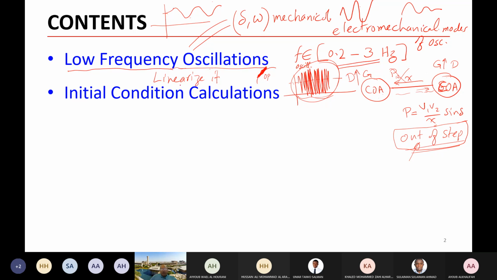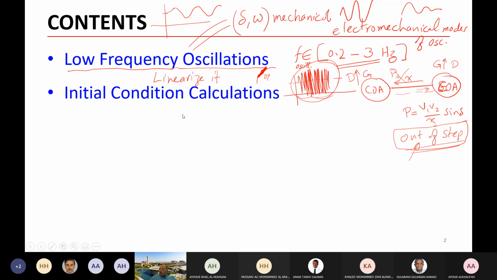We will see how to calculate the initial conditions. When I say voltage, I mean the two components, direct axis and quadrature axis, VD and VQ, ID and IQ, the rotor power angle, and the real and reactive power output of the generator initially, and so on. So this is the initial condition calculation.